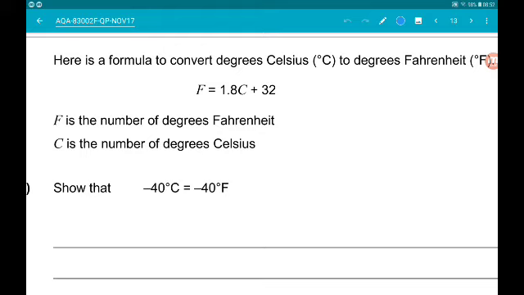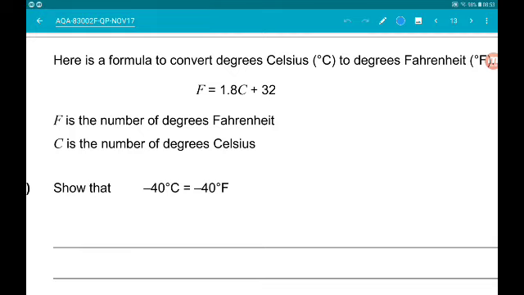So we're given a formula to convert degrees Celsius into degrees Fahrenheit. So we're told that Fahrenheit, F, is 1.8 C add 32. We want to show that minus 40 degrees C is minus 40 degrees Fahrenheit.